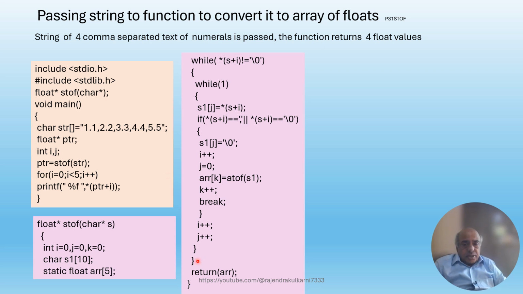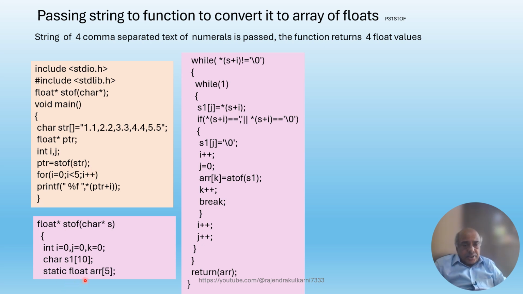And this address of the static float array arr is returned, collected in ptr in the calling function, and this printf displays the elements of the array pointed to by ptr.